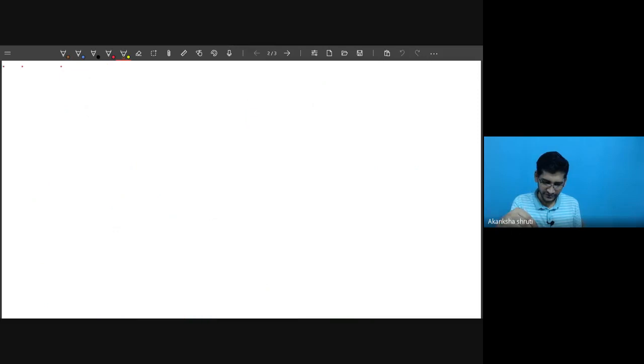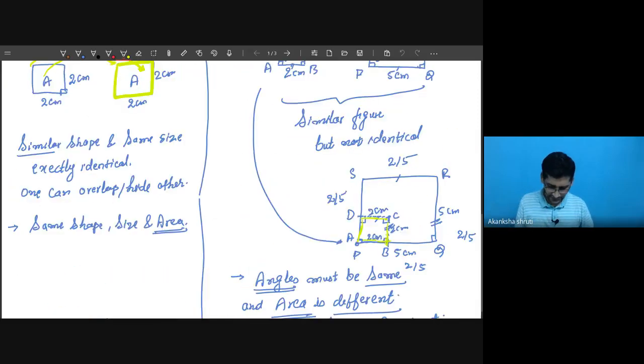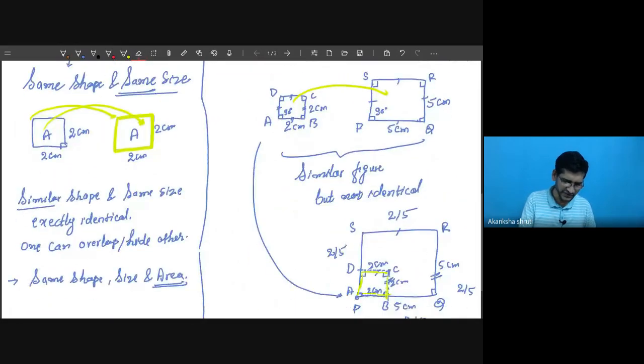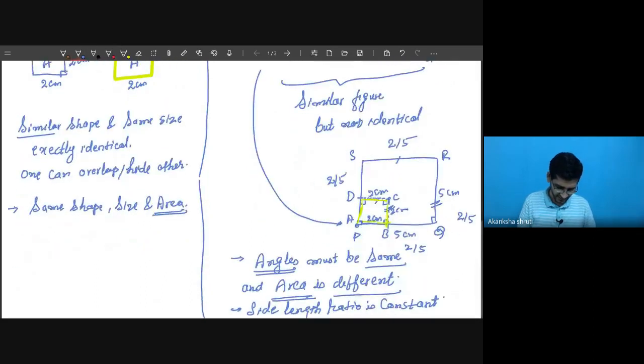So let me write a few other things here. Now regarding denotation for the congruency, write in congruent. This is denoted by... similar or congruency always means two figures. The name of the figure that you have to write here, then you have to write the equal sign, and above that this tilde sign has to be written.